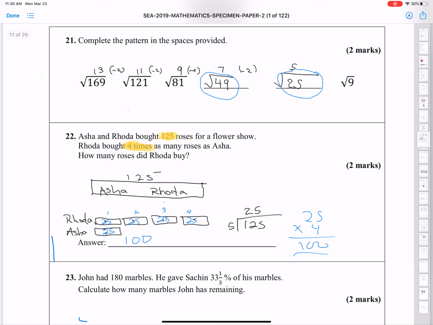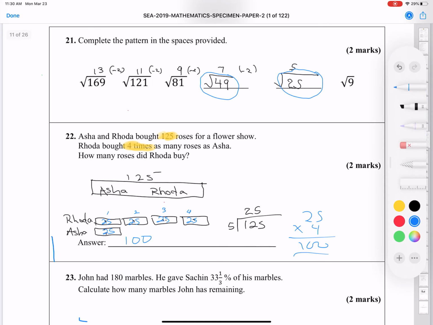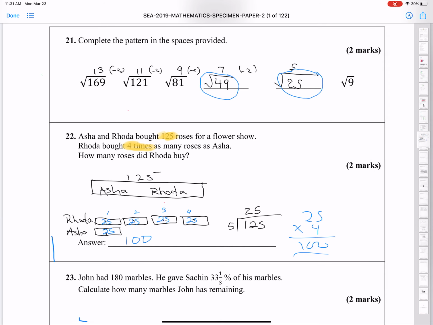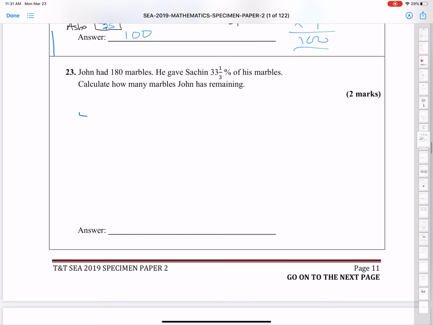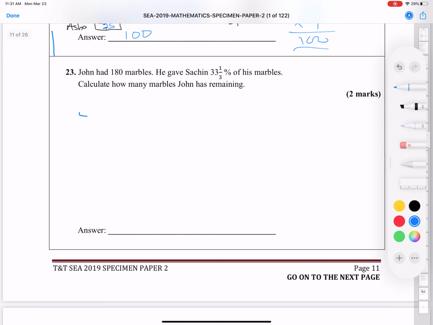John had 180 marbles. He gave Sachin 33 1/3% of his marbles. Calculate how many marbles John has remaining. So John has a total of 180. He gave Sachin 33 1/3%, which is 1/3.